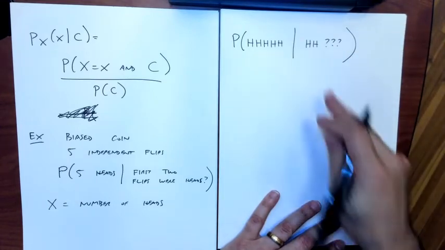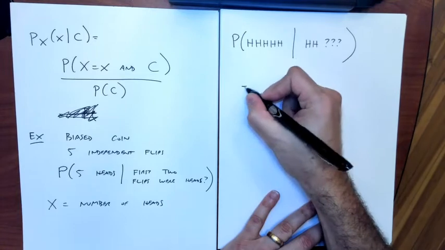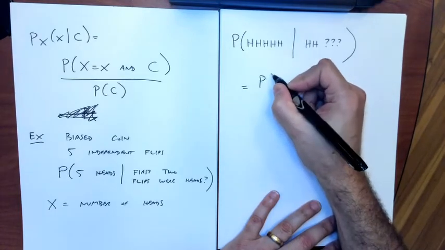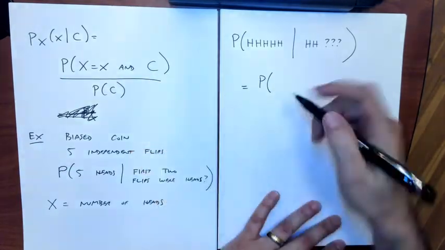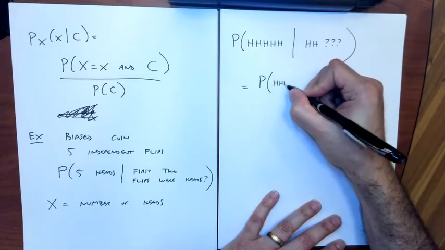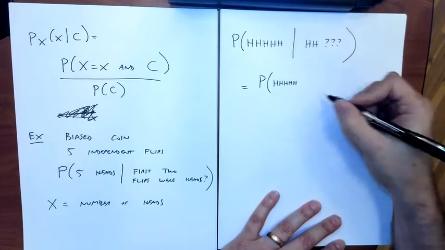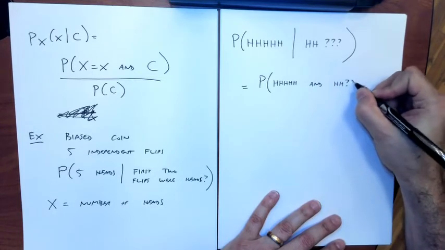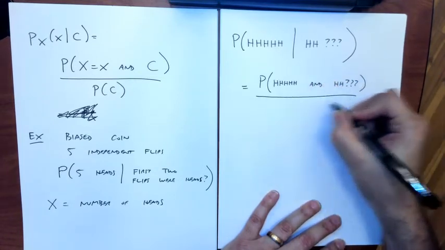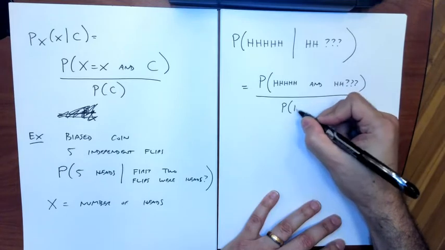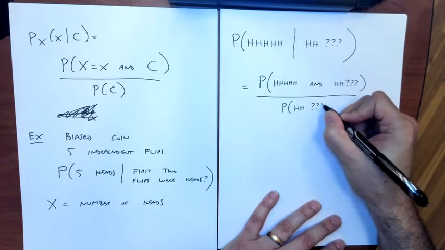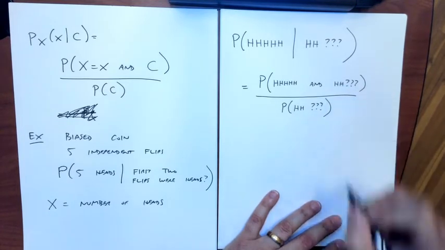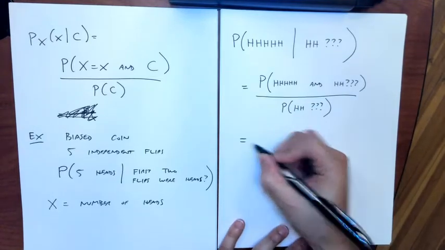That the first 2 flips were heads. Well, let's write out my definition using this conditional probability formula. It's like saying I got this and this, over the probability that I got this by itself. Okay?